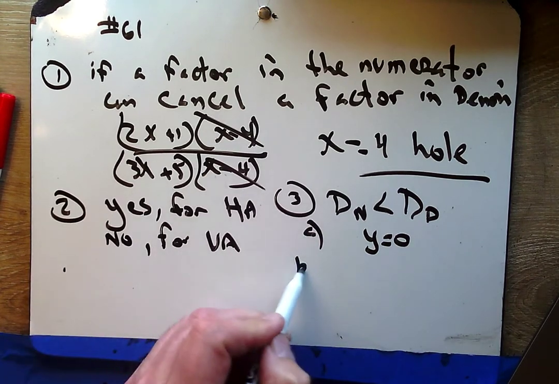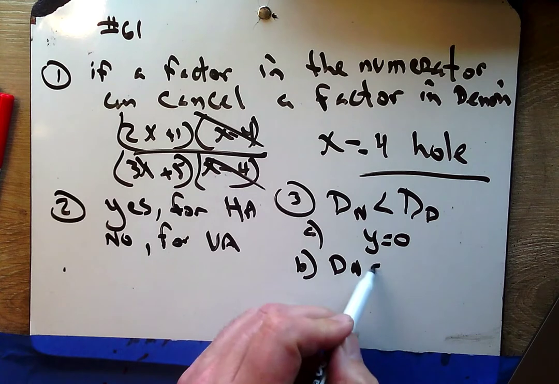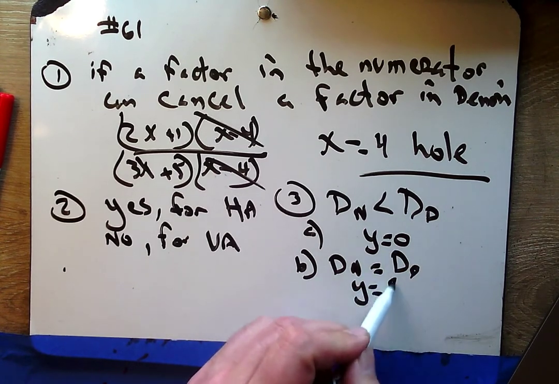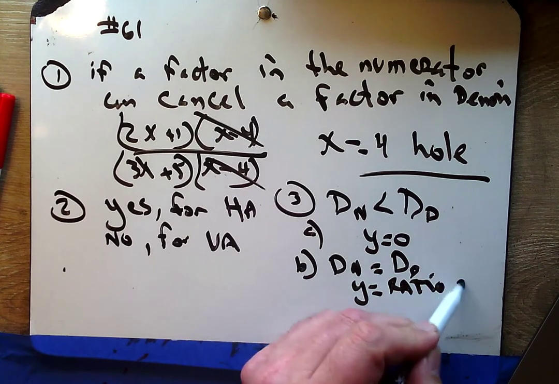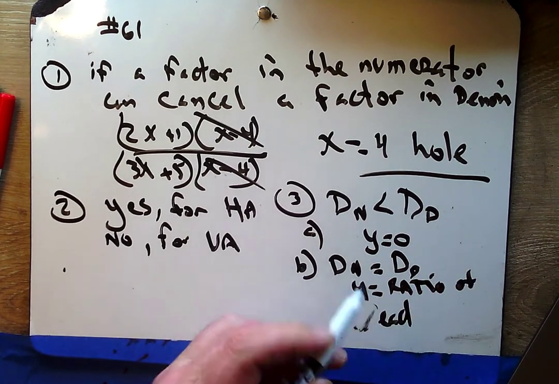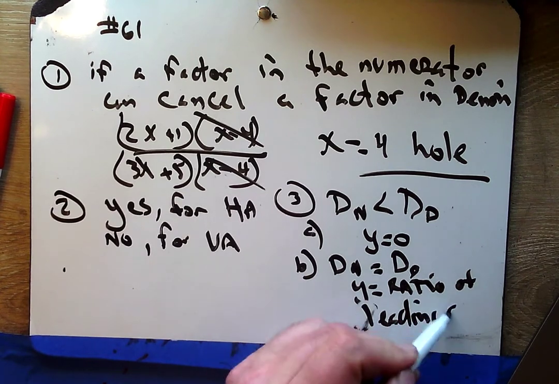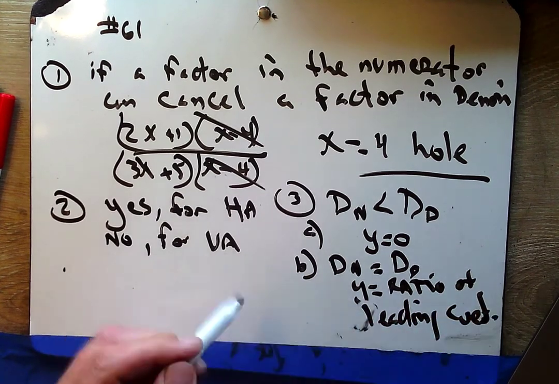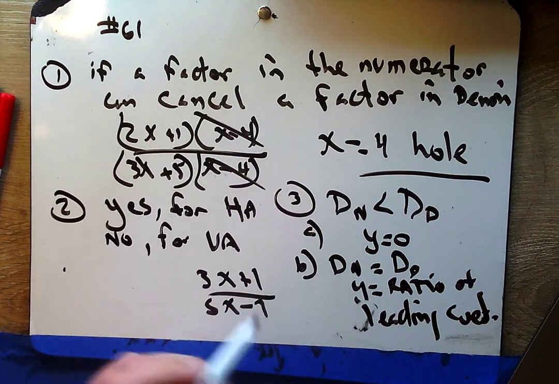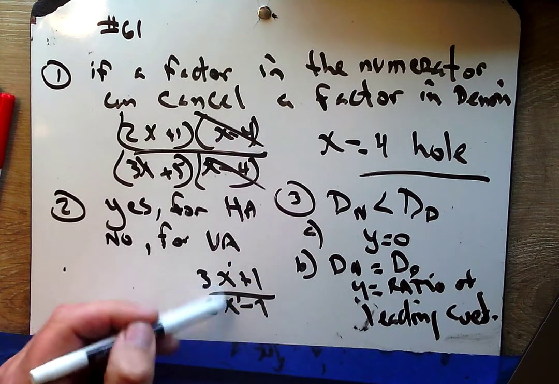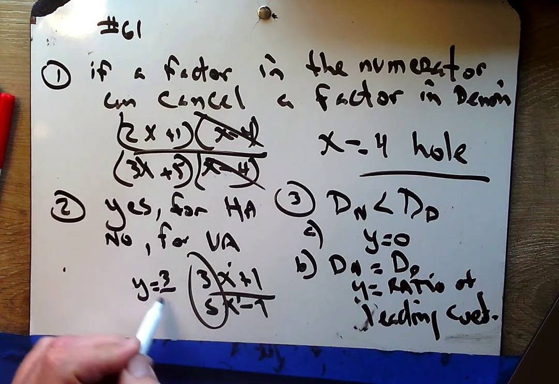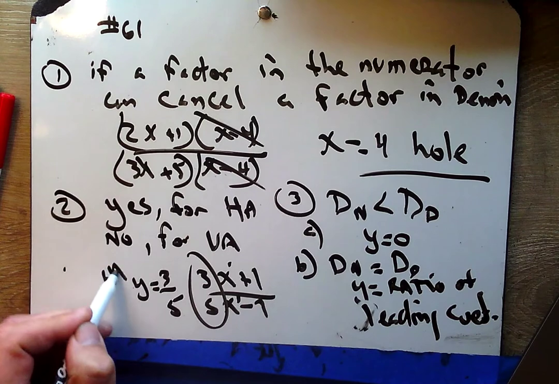If the degree of the numerator equals the degree of the denominator, then y equals the ratio of leading coefficients. So if I've got 3x plus 1 over 5x minus 7, the degrees are the same, I look at the ratio of leading coefficients and say y equals 3/5 is my horizontal asymptote.